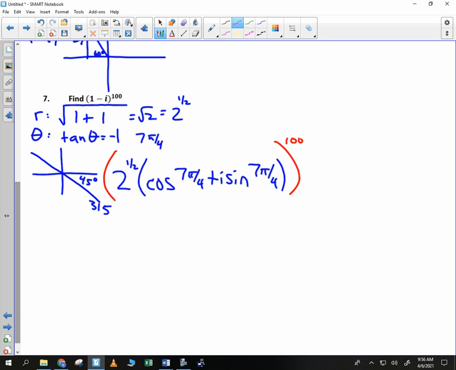Fortunately, we're really smart. 2 to the 1/2 to the 100th is 2 to the 50th. What do we do to the angles? Multiplying by 100, I get 700 pi over 4.